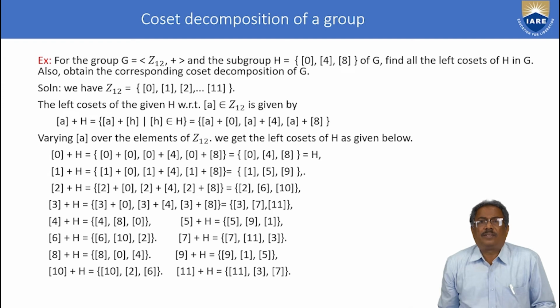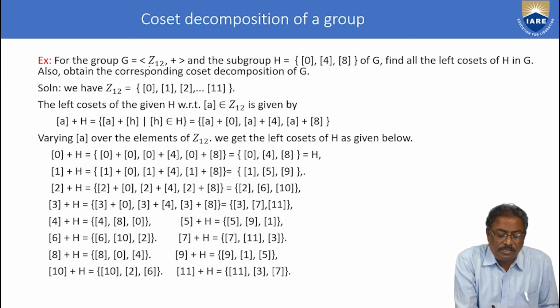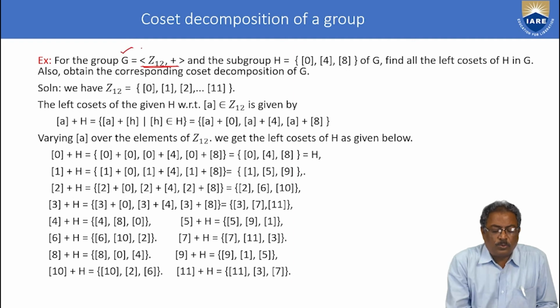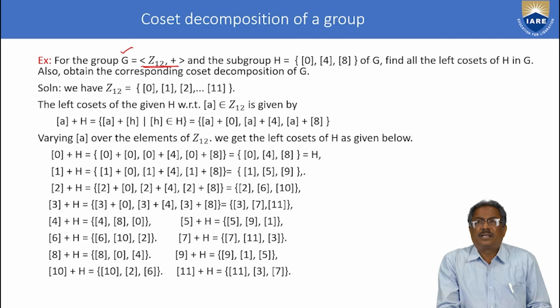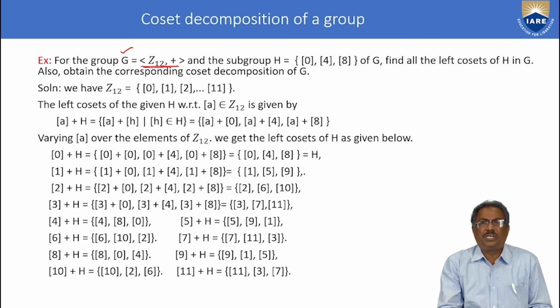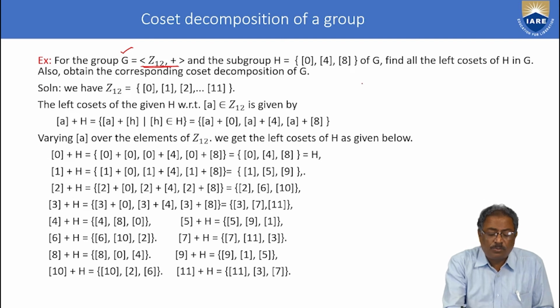Now let us go for another one. Here G is a group under the modulo operation, Z12. Z12 means up to 12, not equal to 12, but less than 12.